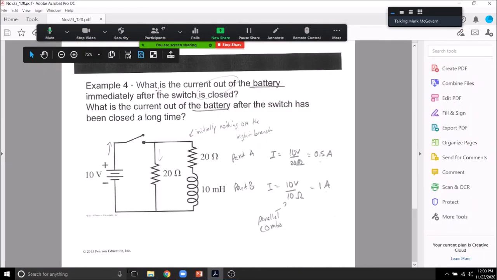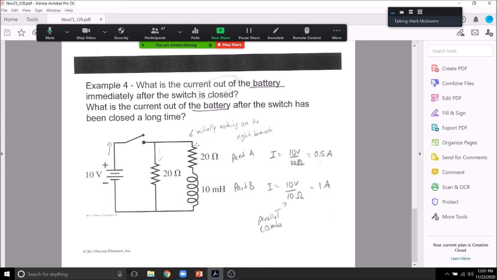We want to know what is the current out of the battery immediately after the switch is closed, and what is the current out of the battery after the switch has been closed for a long time? Okay, so we're actually going to do a problem with this. With the switch open, the battery is disconnected, so nothing is happening here. As soon as the switch is closed, the current out of the battery is going to be just through the middle branch here.